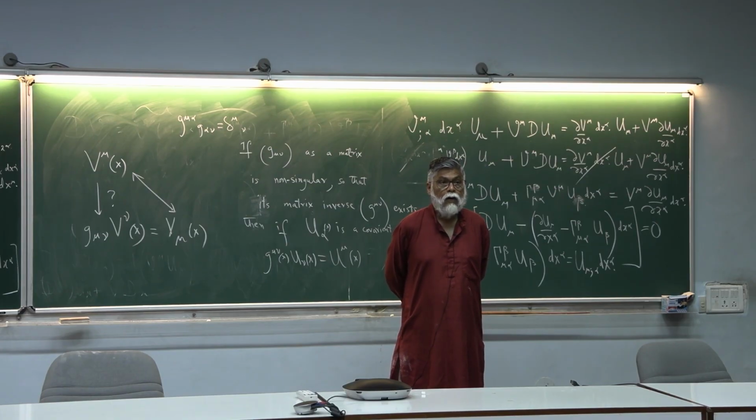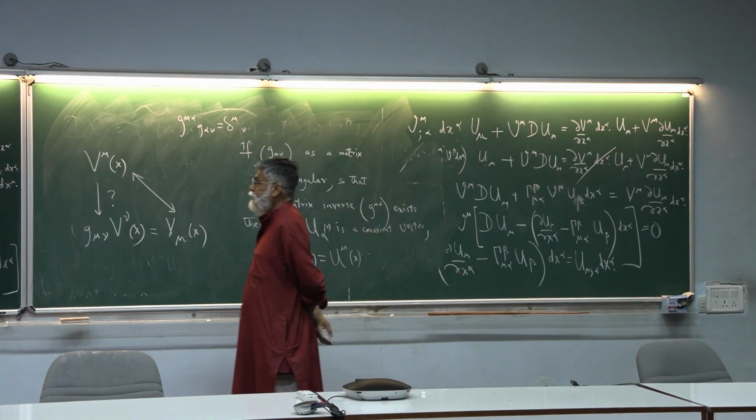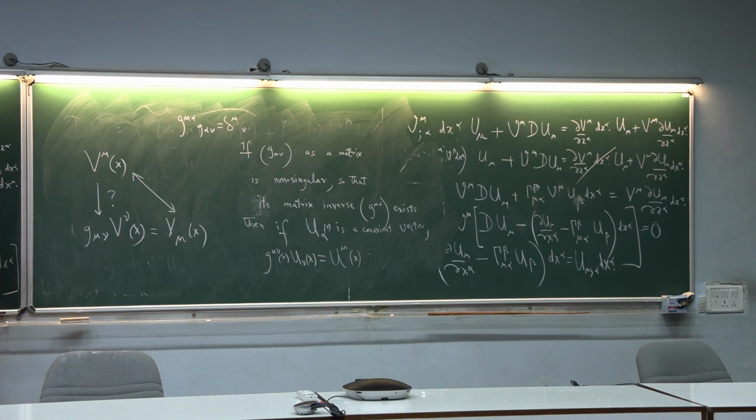No. Covariant vectors and contravariant vectors are defined by how they transform. For example, look at a contravariant vector. When you go from one coordinate system to another, its transformation rule is this. A covariant vector's transformation rule is very different. So they are different.